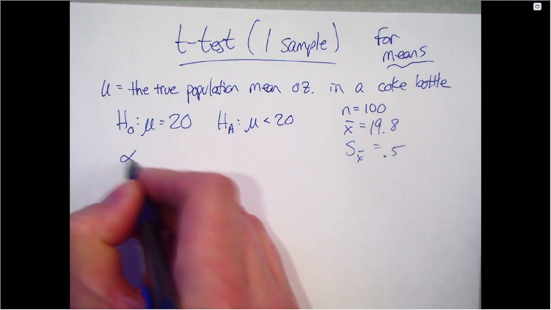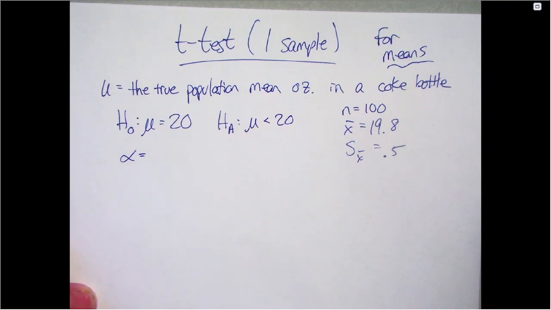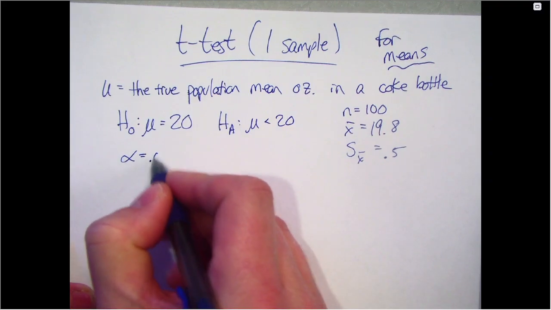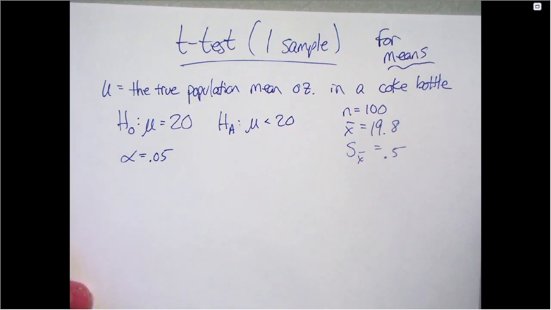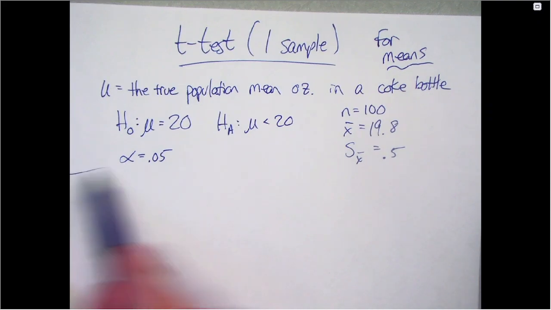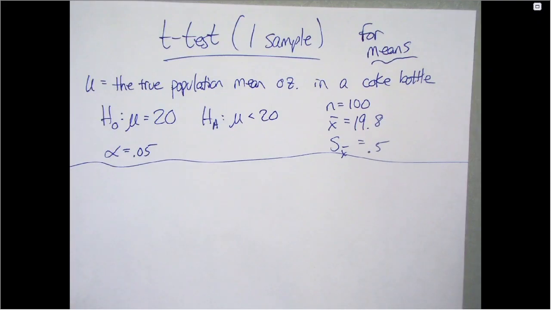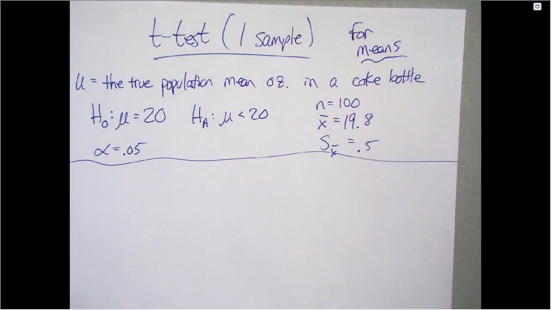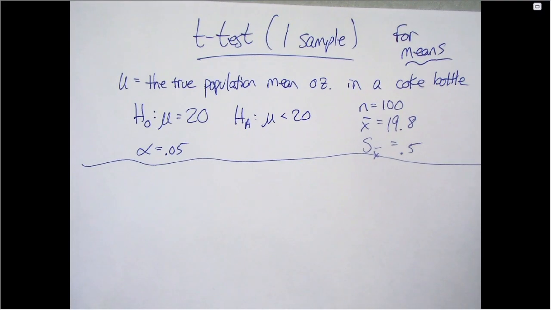Alpha, if I didn't tell you what alpha is, let's just say it's 0.05. And then we can do conditions. That's like our intro. So then it's the shape, center, spread stuff.